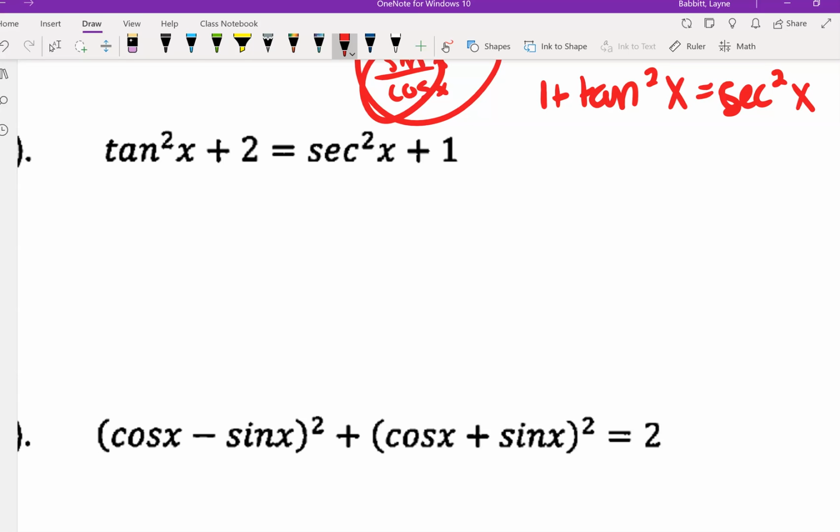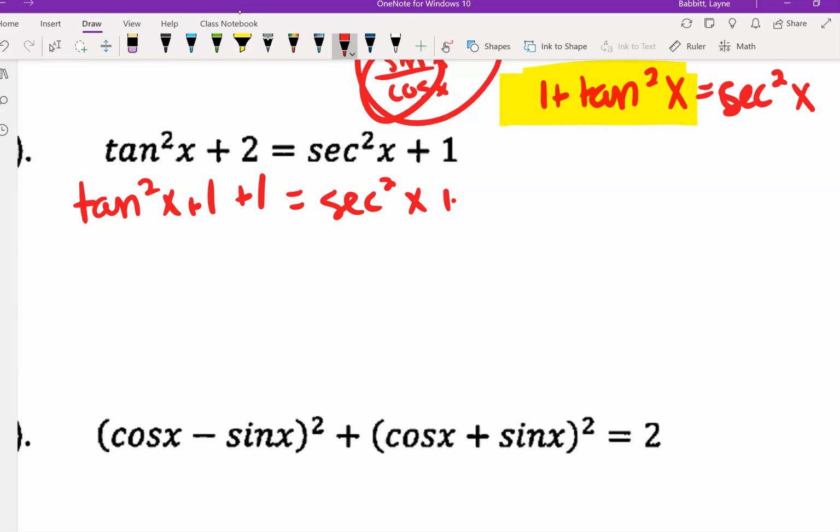I think the easiest thing to do, and it really doesn't matter which way we do this, but I noticed that this equals secant squared. So what I'm going to do is split this up. This is tangent squared x plus 1 plus another one.